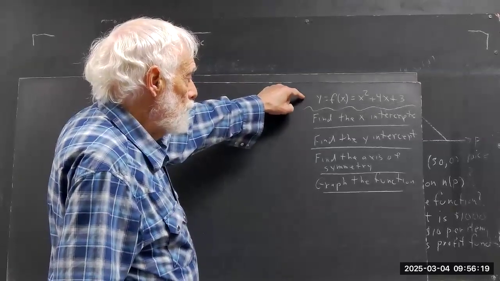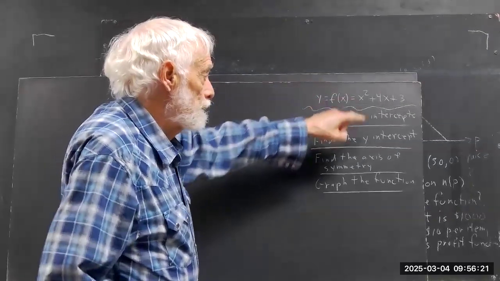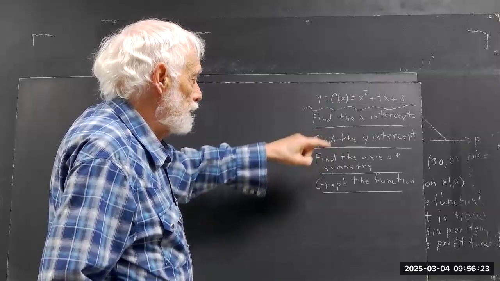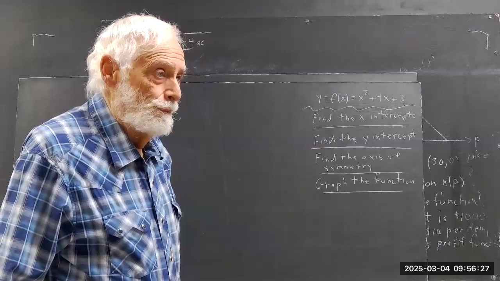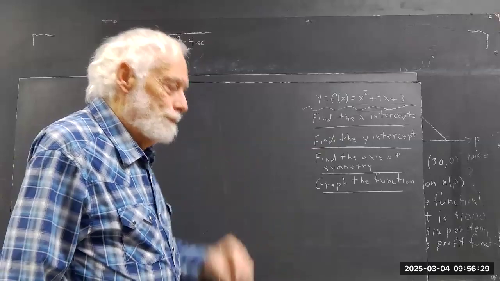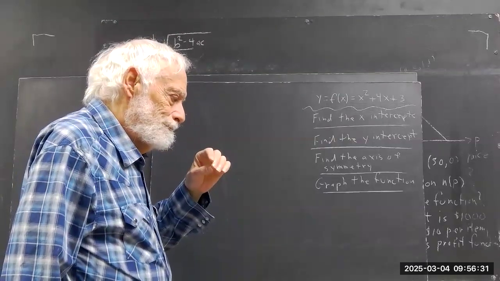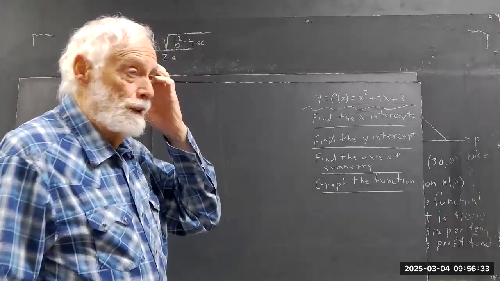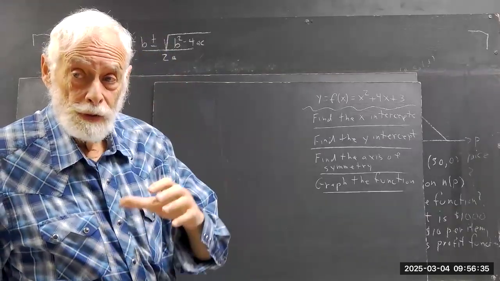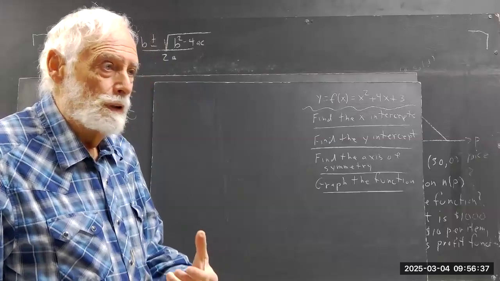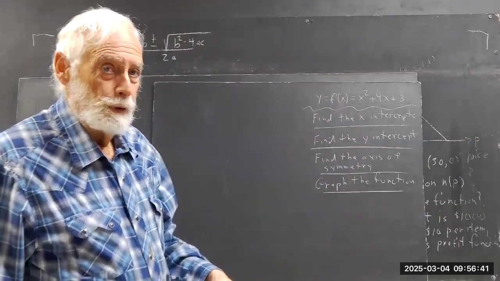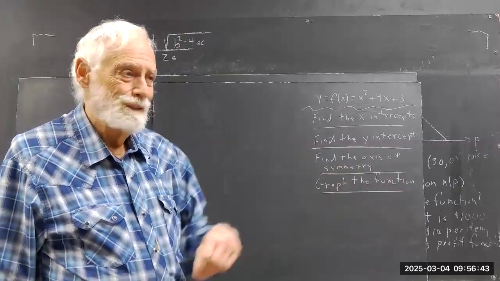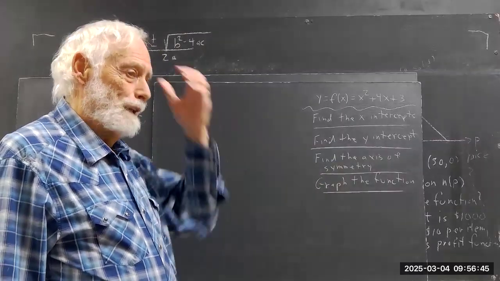So here's the problem. Here's a function. We want to find the x-intercepts, find the y-intercepts, find the axis of symmetry, and graph the function. This process is all very simple, but there's a logic to it, and we want to grasp the logic. Even though everybody did a beautiful job on this, I had to prompt a couple of times.